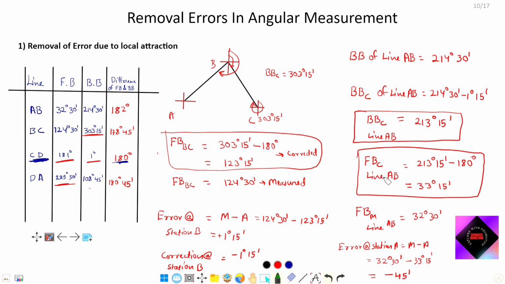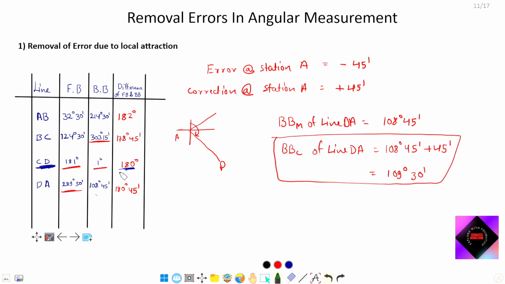Then error at station A is measured, that is minus 45 degree. And this error is also applied to the next reading taken from station A. Then line DA is corrected with the correction plus 45 minutes, and 109 degree 30 minutes is calculated out.